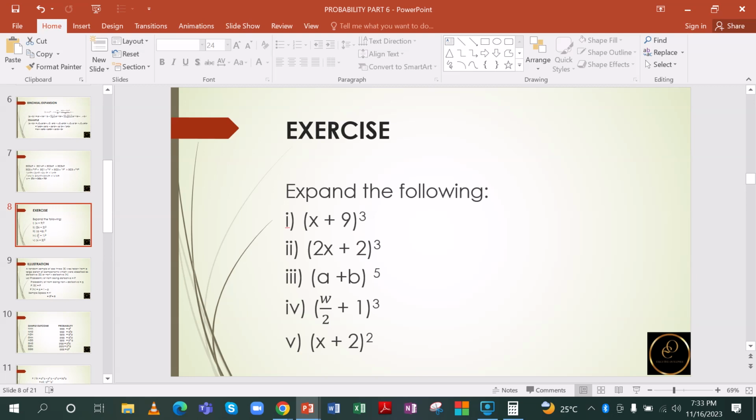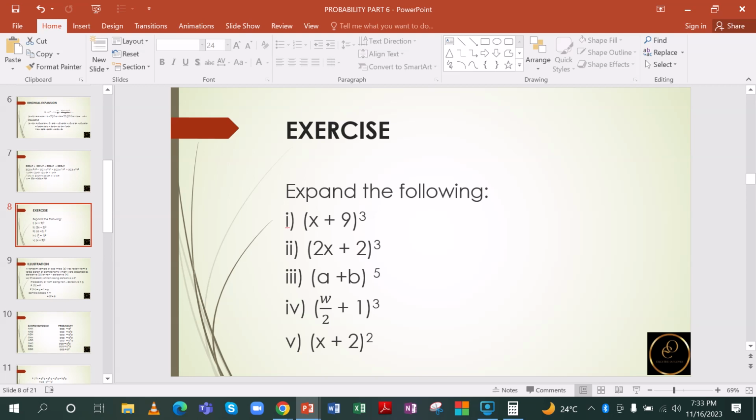Like the first one we've been dealing with, we increased to 4 pairings. x9, x9, x9, 4 of them, because the power here is 3. Here it will be 2x2, 2x2, 2x2, 2x2, 4 of them. Here it will be 6. AB, 6 of them. Just like that.